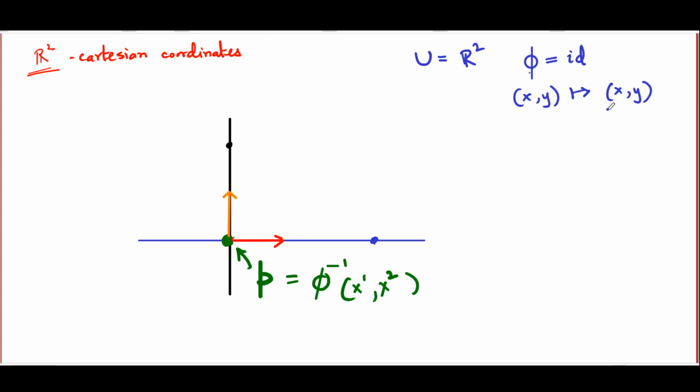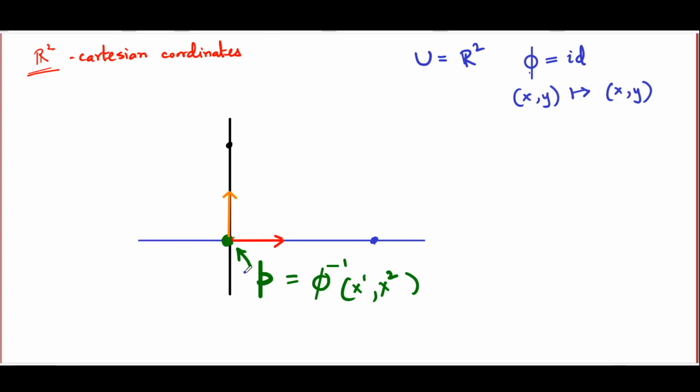Now, for this coordinate system, let us see what the coordinate curves mean. Here is simplicity itself. If a point P is given by the coordinates x1 and x2, and of course, the point on the manifold is really the pre-image under phi of these coordinates. But remember, here we are using identity as the map phi, so phi inverse is also the identity. So basically the point P here is just the point with coordinates x1, x2. Or in R2 it's just the point (x1, x2).